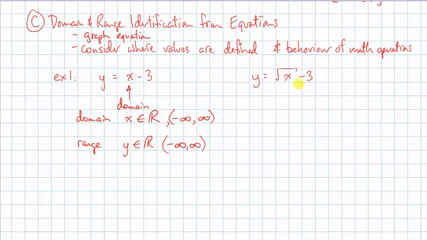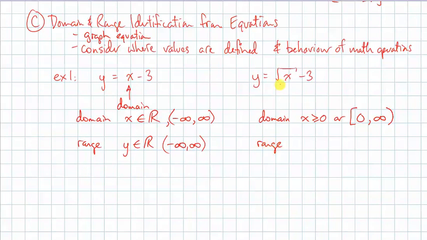Now, over here, a little bit trickier. Square root. I can only take the square root of positive things, or 0. So, my domain, x values, can be 0 or more. This is one way to write it. The other way to write it is 0 with the square bracket, bigger and bigger forever to infinity. Now the range, well, square roots produce positive answers all the time.